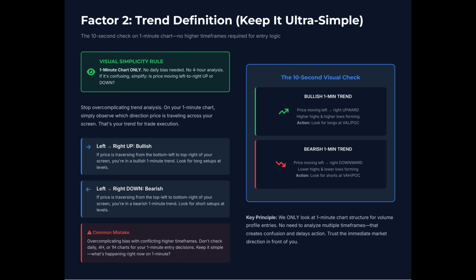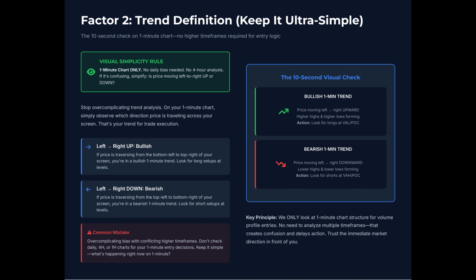Example 1. Aligned trend, long setup. It's 10:15 a.m. during the New York session. Price is approaching the previous day's point of control at 6525 from below. You're considering a long entry. You check your 1-minute chart from 9:30 a.m. onward.